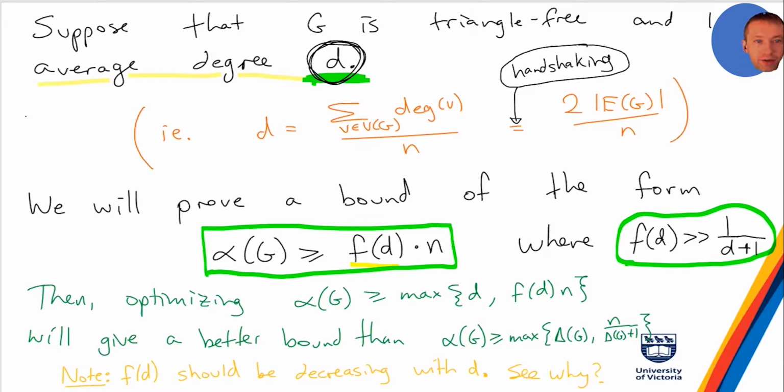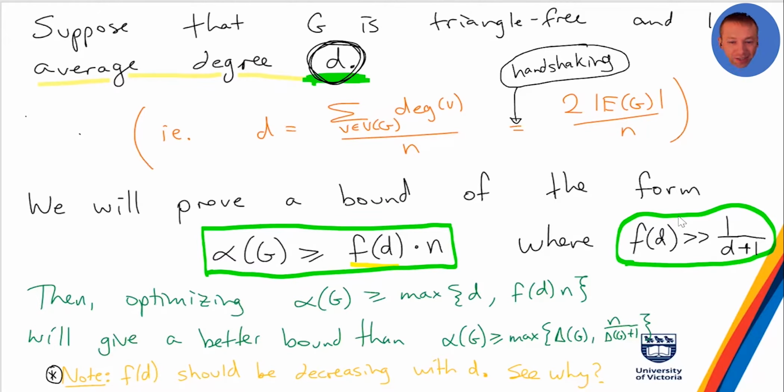Here's one thing. In order for this to make sense, f of d should be decreasing with d. So this is just a comment. Why is that a natural thing? As your average degree goes up, you have more edges.